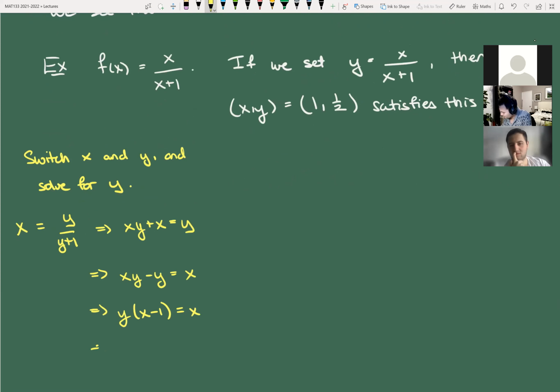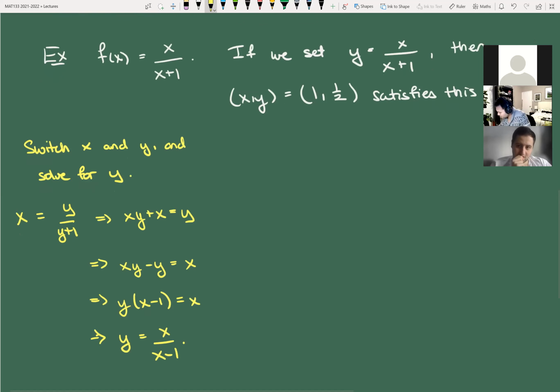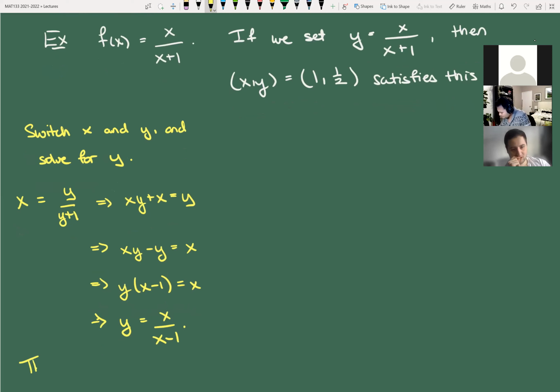And so I get y is equal to x divided by x minus 1. Okay, does everyone agree? That's how I think most of you have probably seen how to solve for inverse functions, right? So we'd say, thus f inverse of x is x over x minus 1.